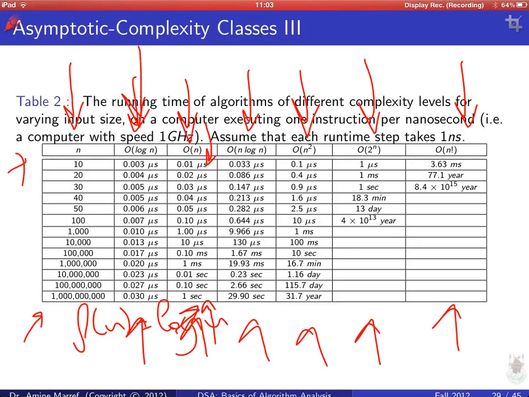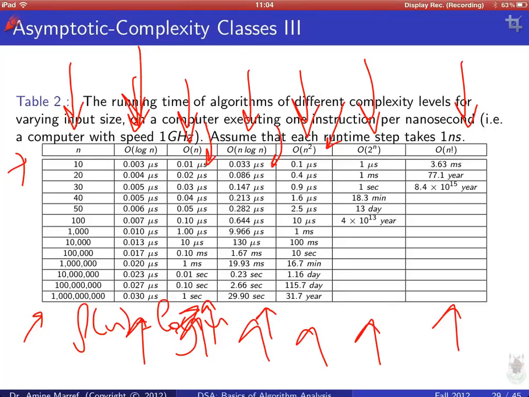And on a smartphone, which can execute that many instructions per second. So the big O of n squared algorithm, we are going to execute it here, and we are going to execute the big O of n log n here.